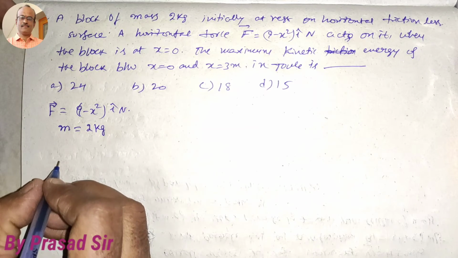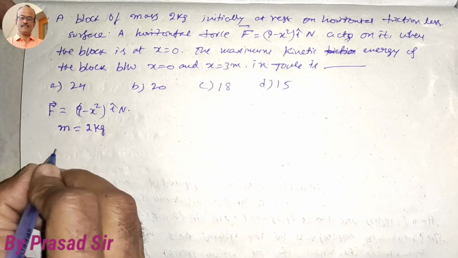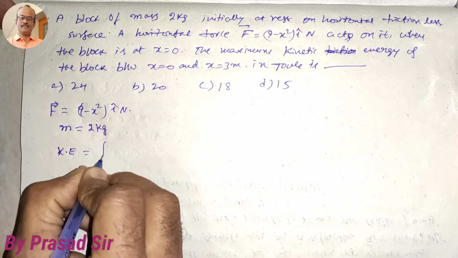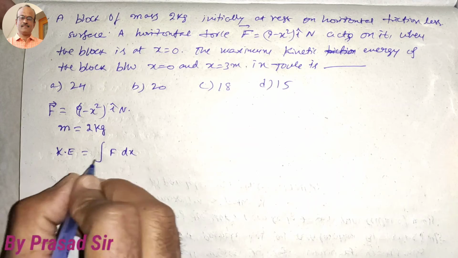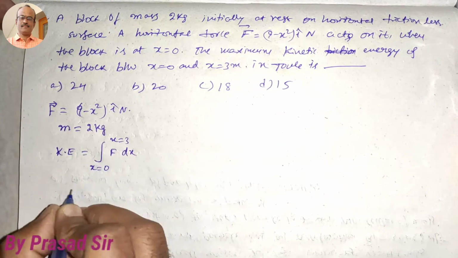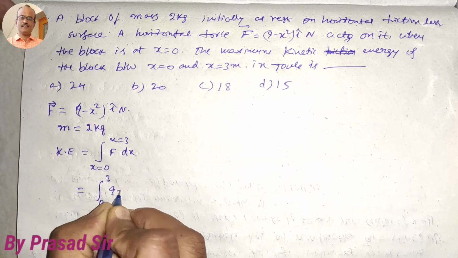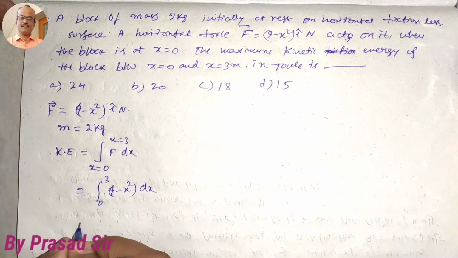But here one thing we have to remember: which one do we want to calculate? The maximum kinetic energy of the block between x is equal to 0 and x is equal to 3. So the kinetic energy is equal to force into displacement, which is dx, from x is equal to 0 to x is equal to 3. So integration from 0 to 3 of (9 minus x square) dx.